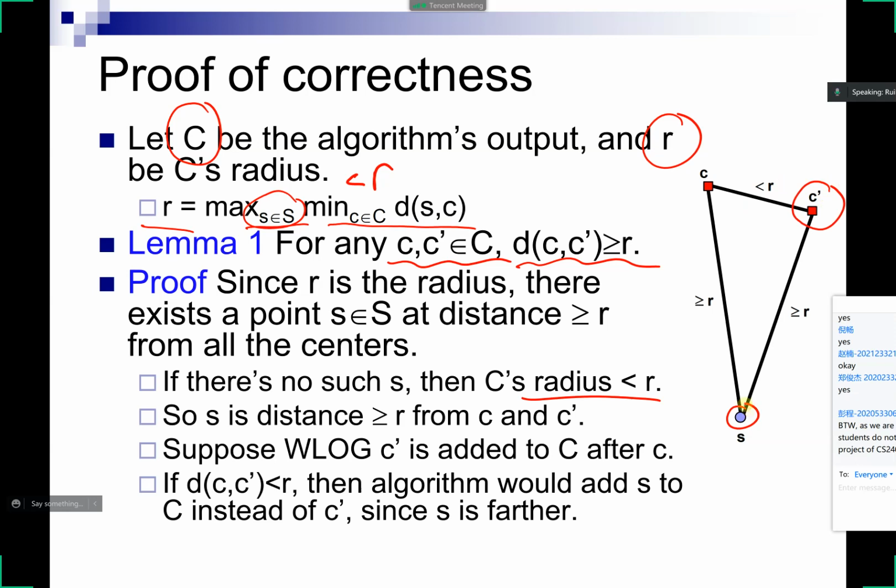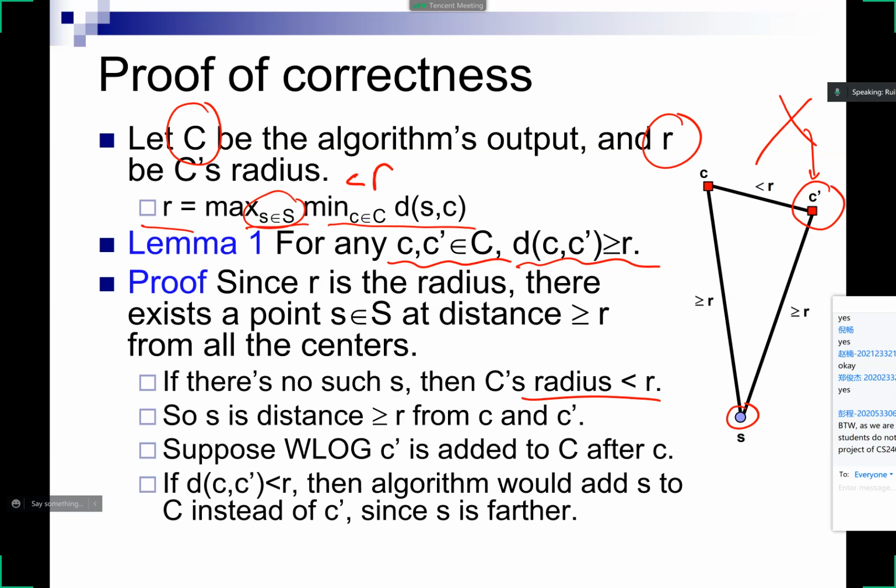Now here, S is distance at least R from our current center. So C is one of our current centers, and S is at least distance R from C. On the other hand, C prime is less than distance R from C. So in the iteration where you added C prime, you actually would not add C prime because C prime is too close to C. Instead, you would add S or some other node, which is more than distance R from C. But you definitely would not add C prime.